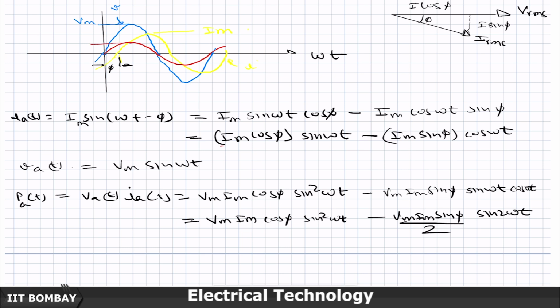What is this component? And this component, if you notice, when I multiply them together, it comes with V m I m cos phi sin square omega t. So, its peak value is V m I m cos of phi, and it is always non-negative. Why? Because when this is positive, this is positive, when this has hit its peak, this has hit its peak, when this has gone to 0, this has gone to 0, when the voltage has gone negative, so has this fellow gone negative, and therefore, their product is positive.